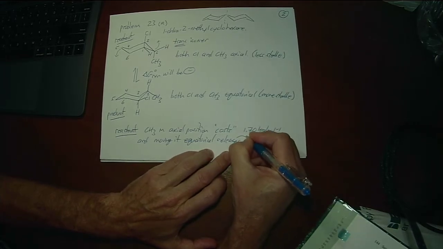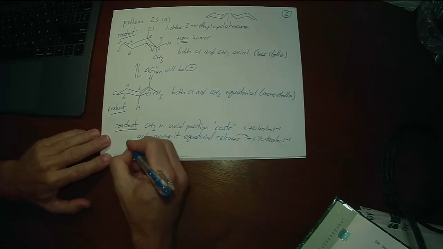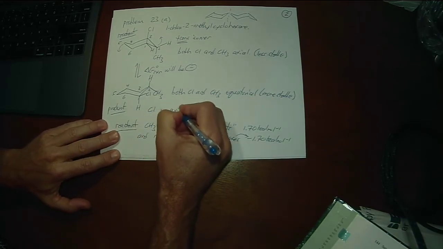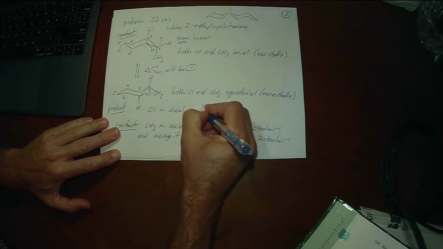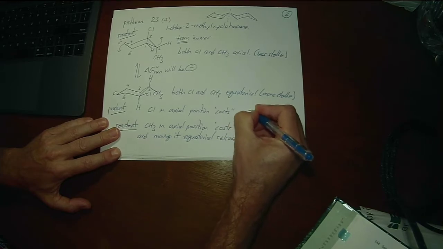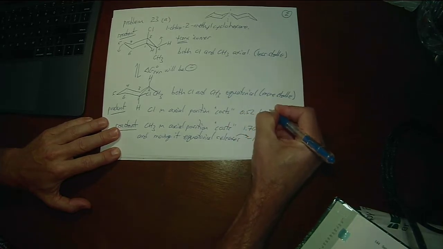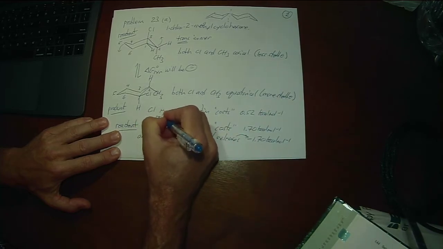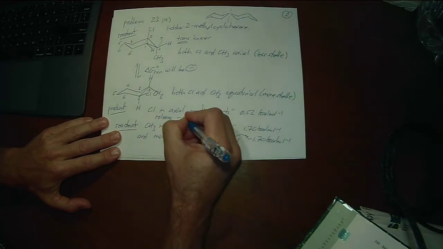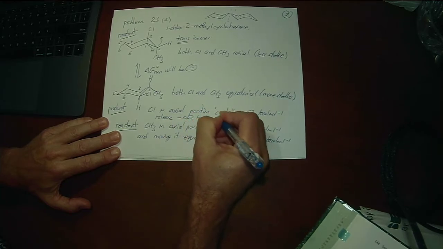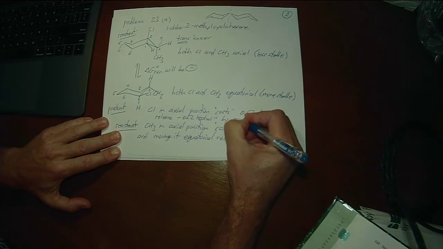Because it's releasing, it's exothermic. And then the chlorine in the axial position costs 0.52 kilocalories per mole. So we're going to release a negative 0.52 kilocalories per mole by moving it to equatorial.